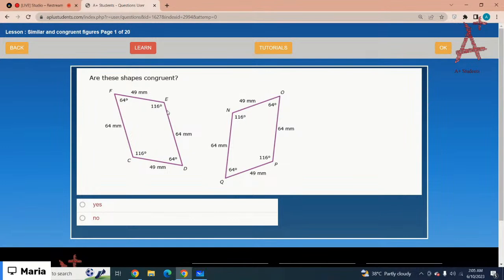Their sides are FE is corresponding to ON, ED is corresponding to OP, FC is corresponding to NQ, and CD is corresponding to QP. So they all are corresponding. That means the shapes are congruent. Got it? The shapes are congruent. So they are congruent.